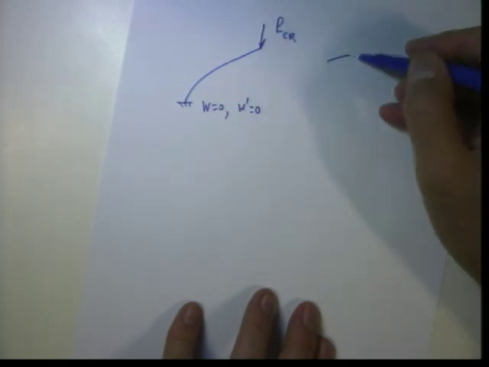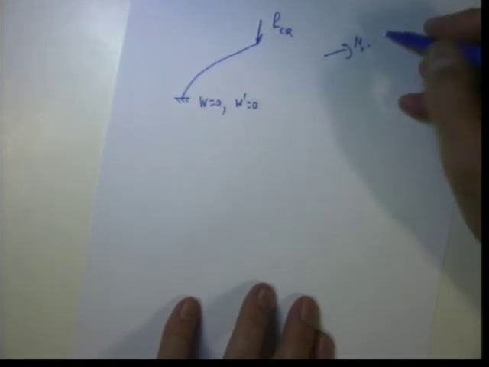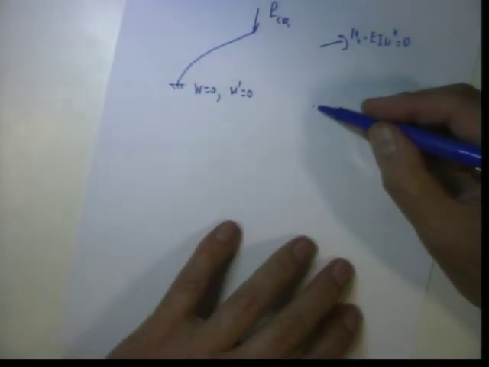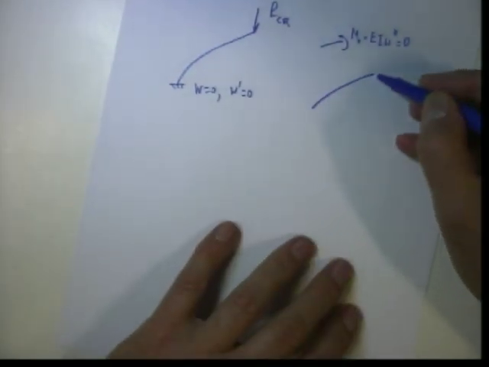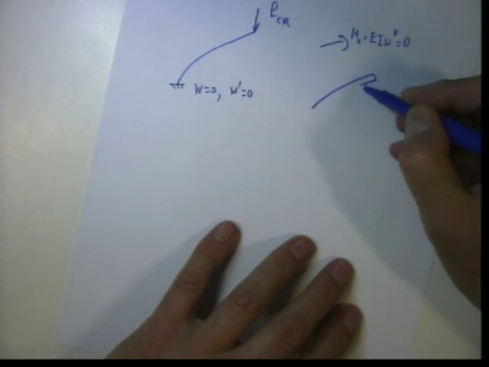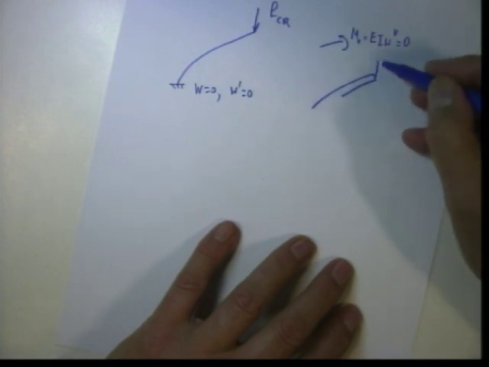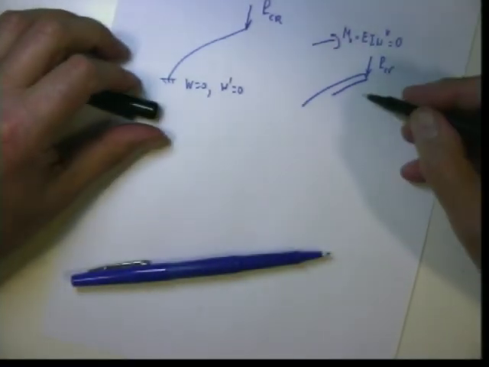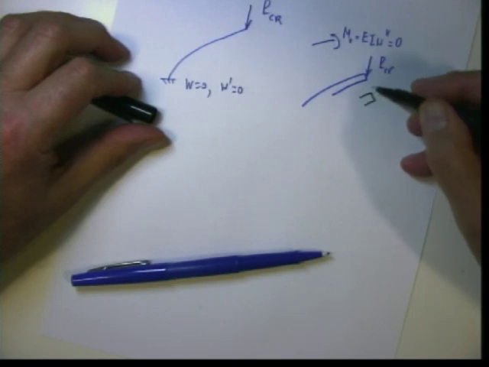Second, at this point, naturally there is no bending moment, Mz equals 0. But the shearing force is not 0. Shearing force is a force that acts like this. That is a shearing force.